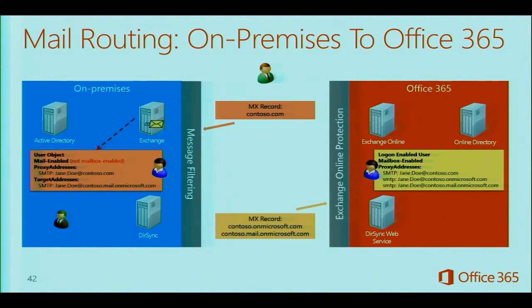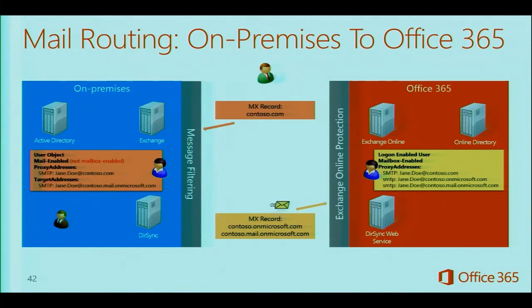The Exchange server will then do a lookup to find out where that user is located. It'll find that, in this case, the user is mail-enabled and not mailbox-enabled. It'll look up the primary SMTP address to figure out where to send it, and then it will also look up the target address as well to figure out what the actual endpoint for this message should be.